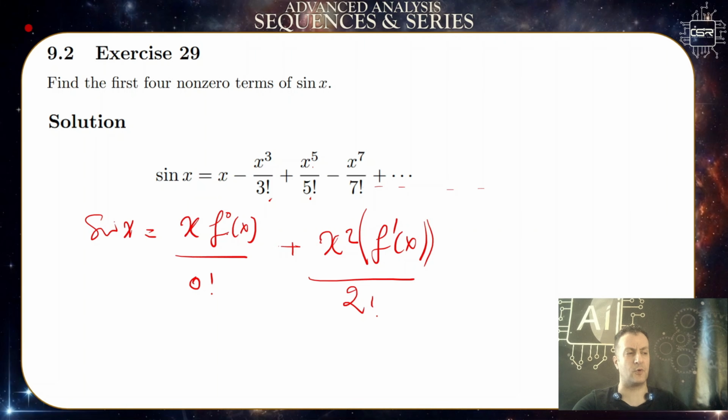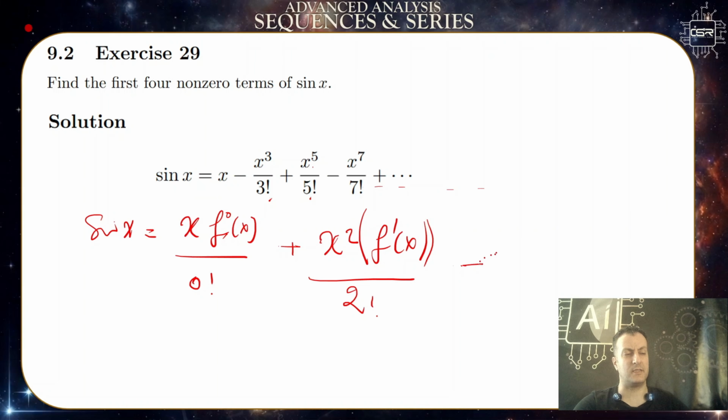Okay, it is equal to cosine. Cosine 0 is 1 multiplied by x. But here you get sine 0. Okay, the derivative of cosine is minus sine. Then sine 0 is equal to 0, multiplied by x squared divided by 2 factorial, is equal to 0. Then the derivative of sine is cosine.